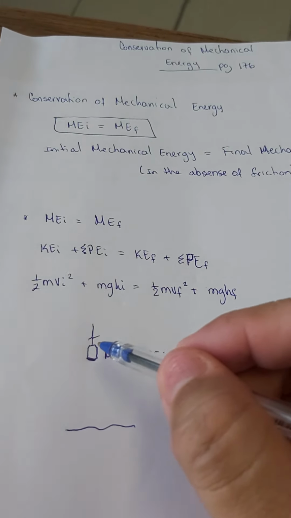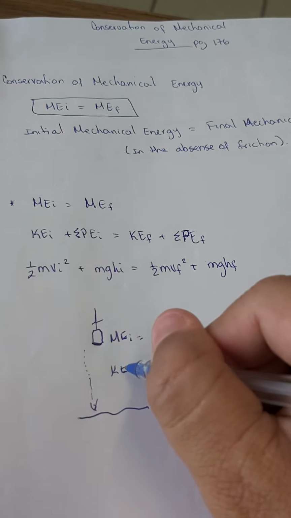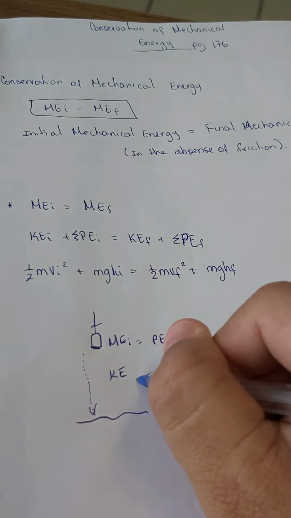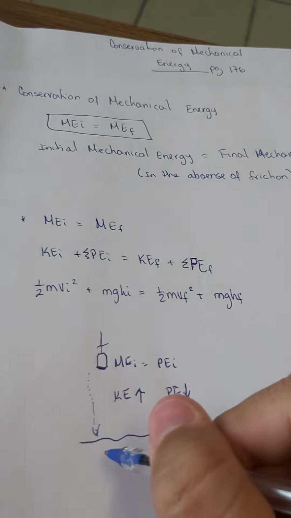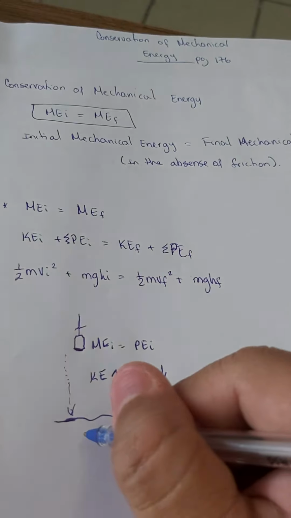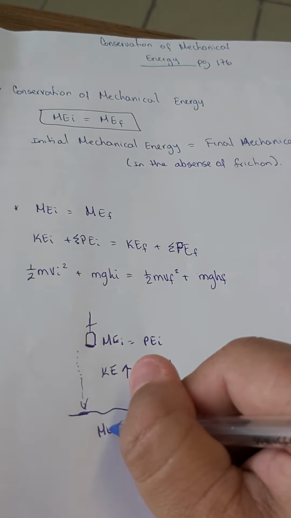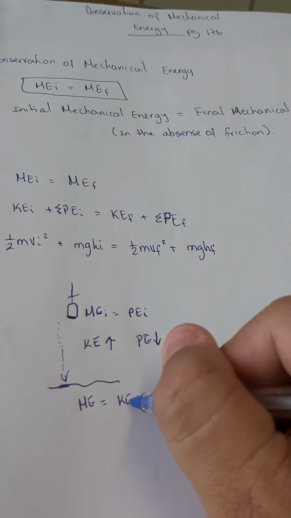As this mass is starting to fall down, in this motion over here, the kinetic energy will be increasing and the potential energy will be decreasing. So here at ground level, the mechanical energy will be equal to the final kinetic energy.